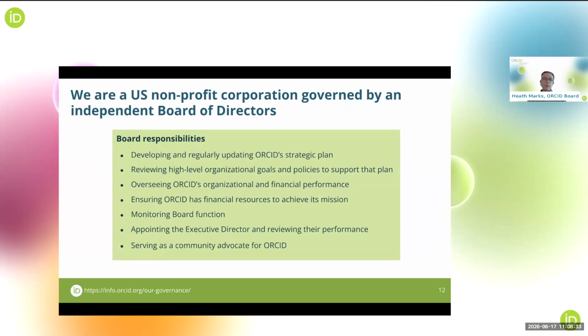Next is all about overseeing ORCID's organizational and financial performance. Next is all about ensuring ORCID has financial resources to achieve its mission. Making sure that there's strong monitoring functions going on within the board, for example, monitoring risk. Appointing the executive director and reviewing their performance, as well as serving as a community advocate for ORCID.